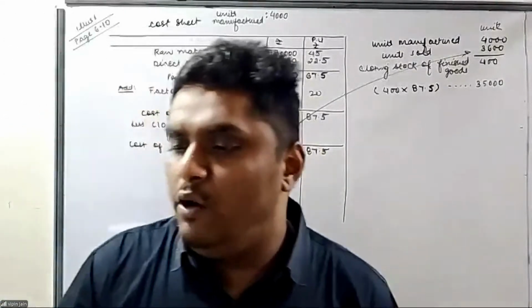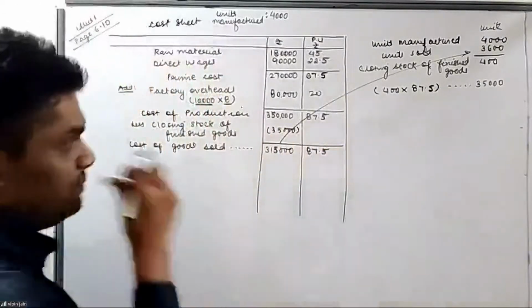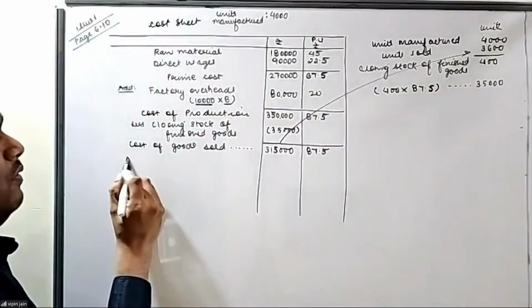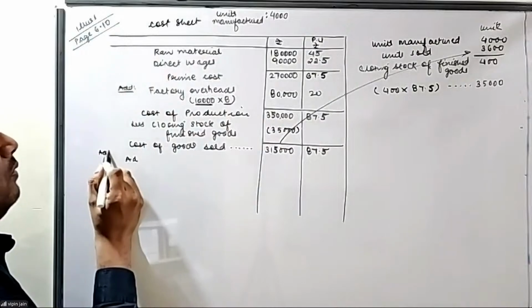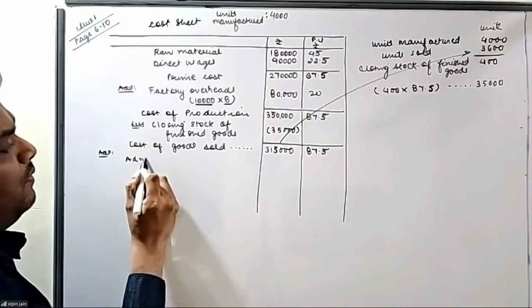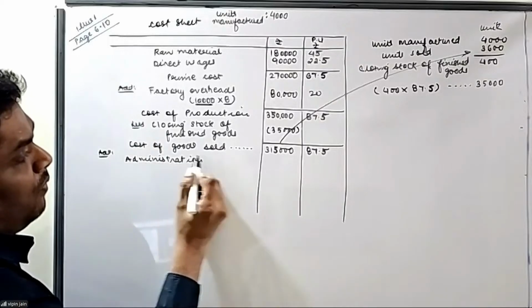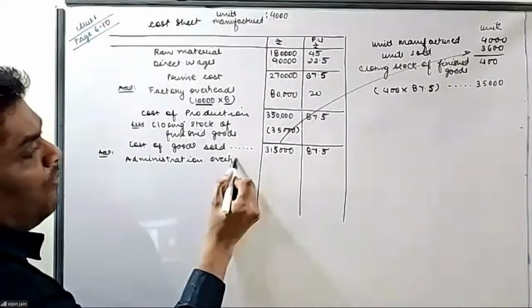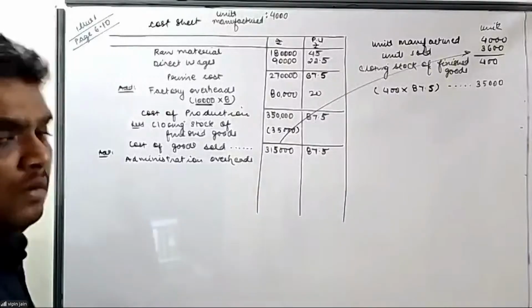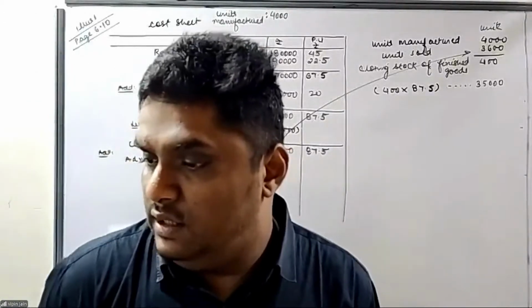In this, we will add all the administration overhead and selling and distribution overhead. Administration overheads are given, that is 35,000.